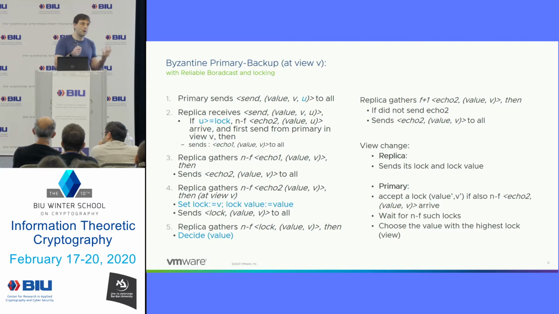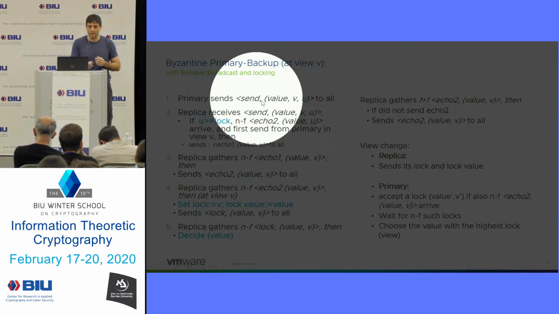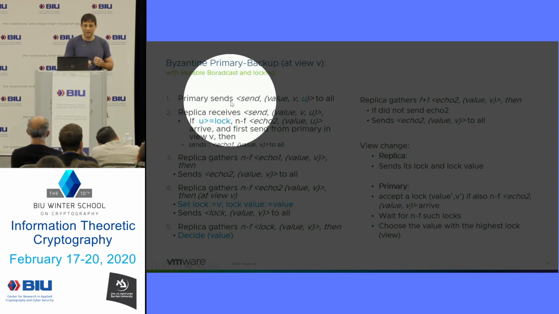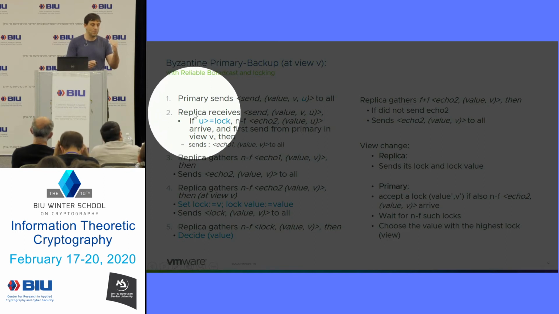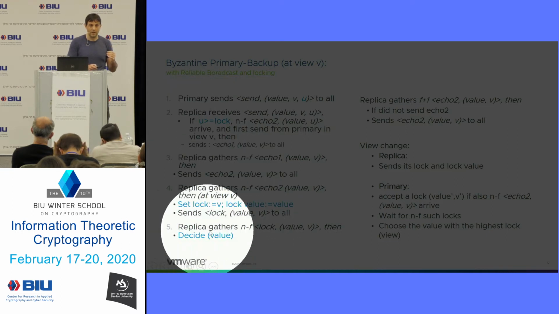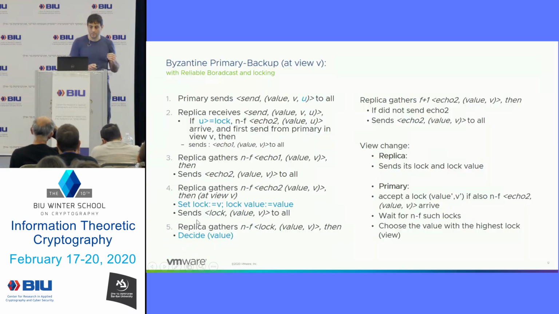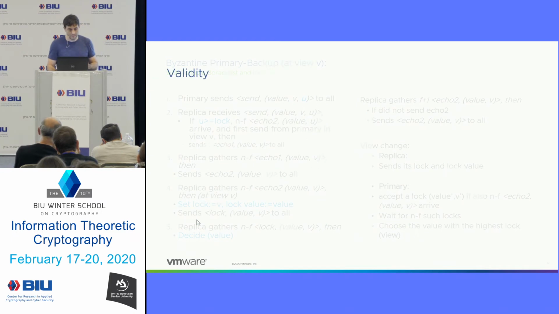So if all the non-faulty have the same value, it is exactly as if the virtual primary sends this value to everybody. So in a sense, the first round of this protocol will start not by the primary sending, but basically by everybody starting from round 2. Okay? And then, if indeed there is the same value, then everybody will decide at the end of this round. So this is for validity.